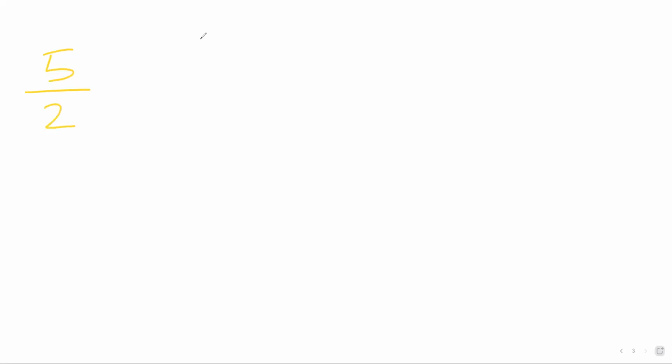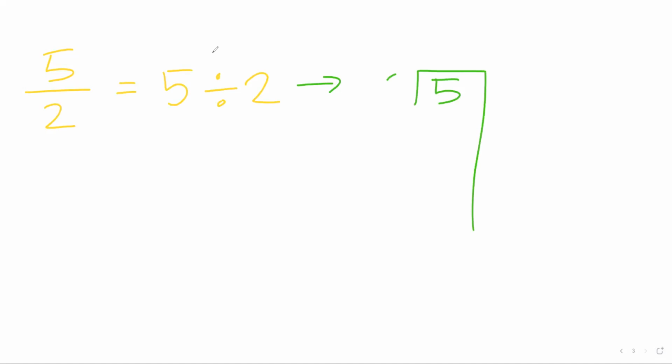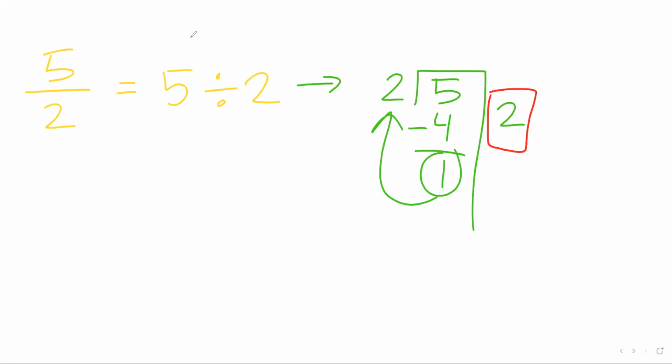If I have 5/2, well, we know that this actually says the same thing as 5 divided by 2. We studied that in class. So if we actually did that division problem, well, let's see. 2 times 2 is 4. I have 1 left over, therefore I have a remainder. This would be the whole number quotient.